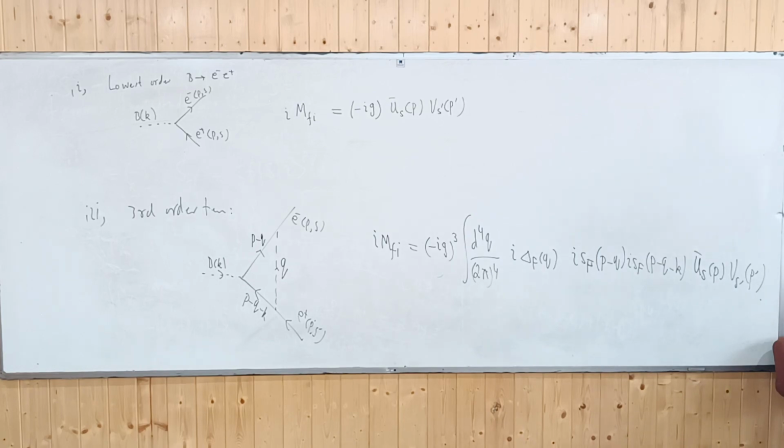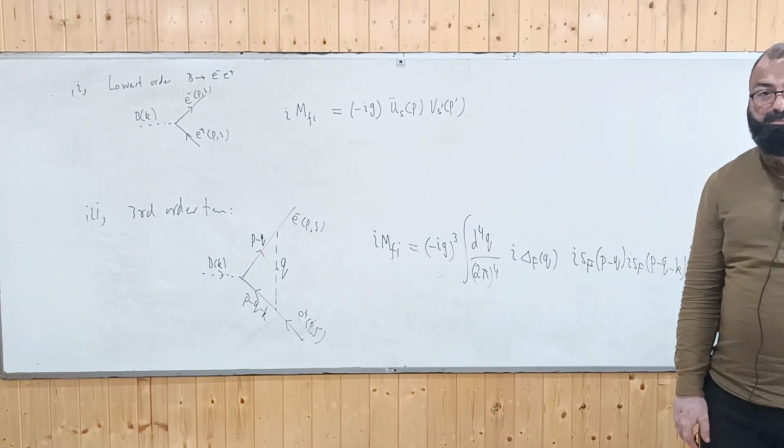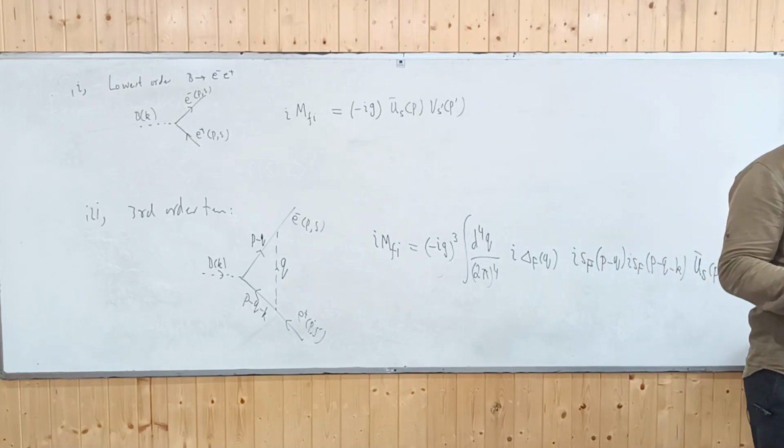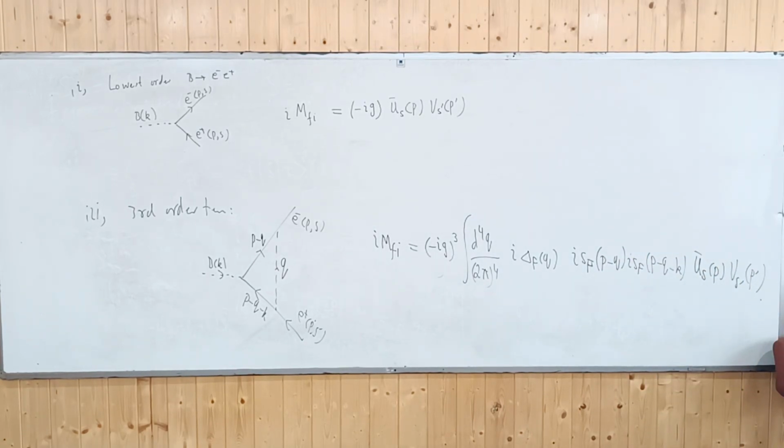Okay, now let's write the Feynman rules of this very process. Why do we require the Feynman rules? The point is that if I know only the interaction, doing all this business is a very hectic job, a very huge calculation.